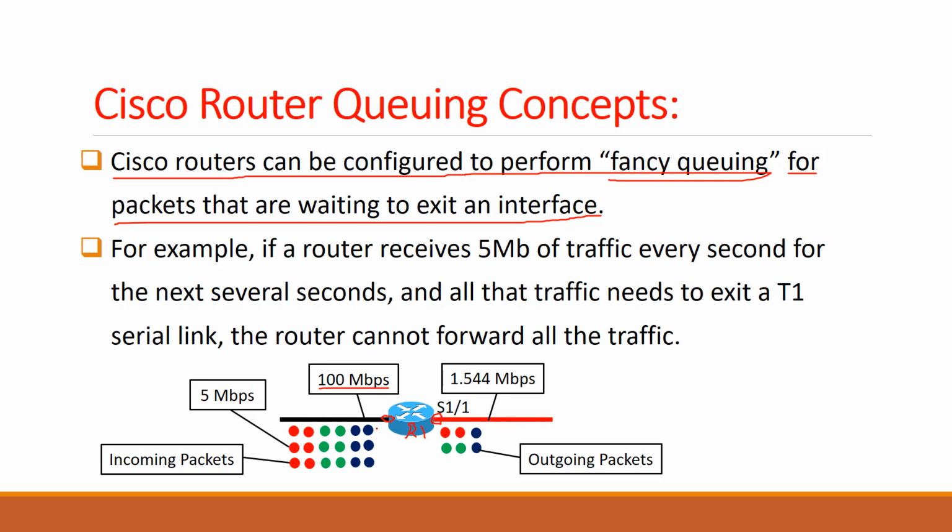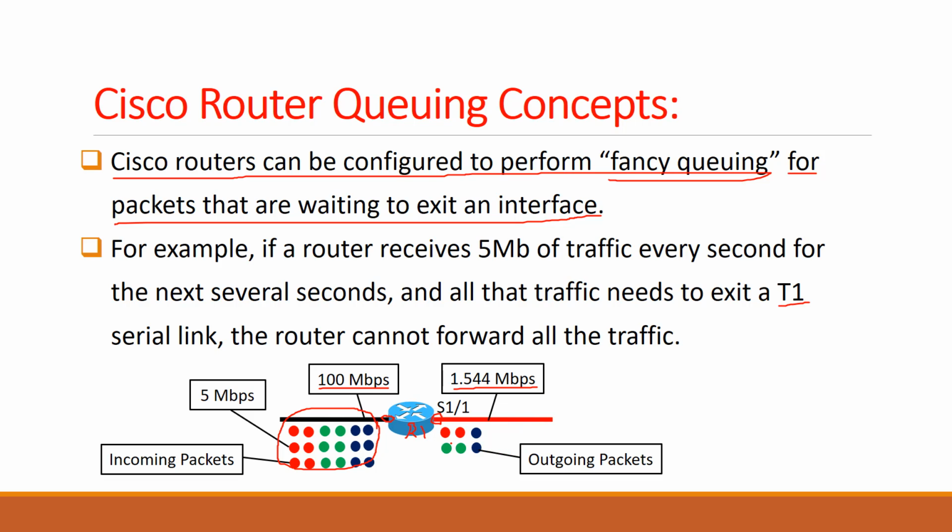And let's assume that we received 5 megabits per second of incoming packets. All these packets are decided by the router to exit this serial 1/1 interface. The serial interface has bandwidth 1.544 megabits per second, a T1 serial link.